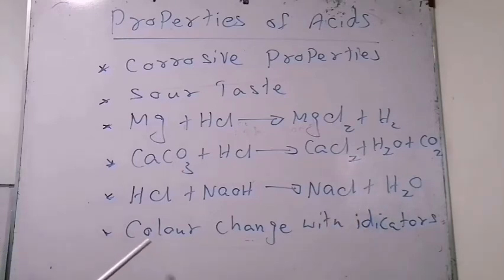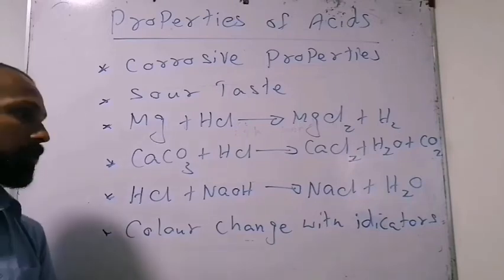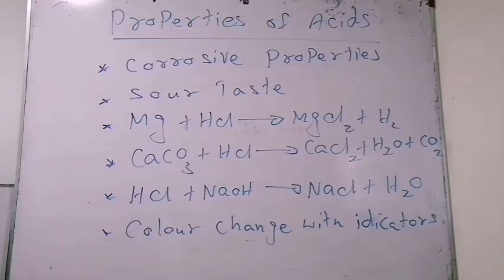And also, as we learned in grade 7, acids have the ability to change the colors of some indicators such as litmus. There are two types of litmus papers, blue litmus and red litmus, and also some other indicators called pH papers. You will learn more information about indicators in the next lessons.